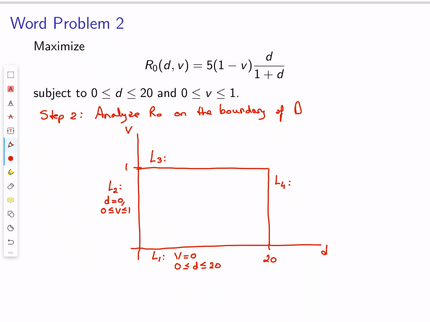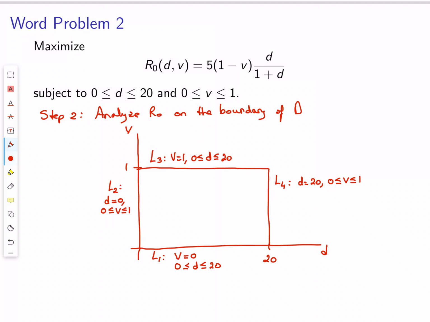On L3, V is equal to 1, and D is between 0 and 20. And on L4, D is equal to 20, with V between 0 and 1.